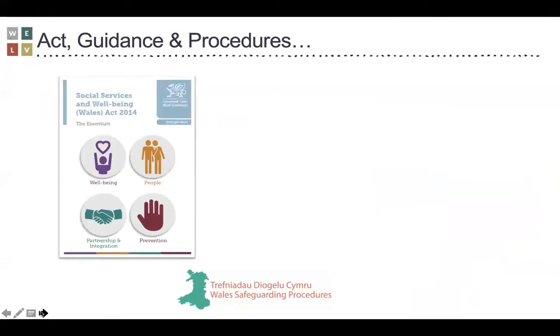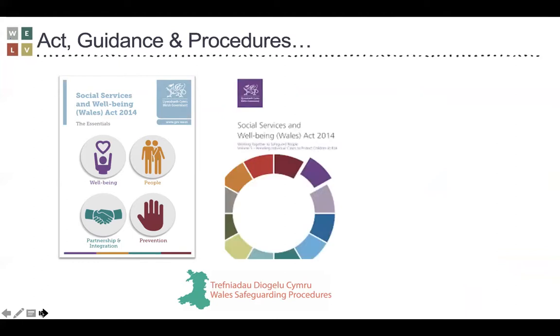The procedures are being introduced and implemented under the Social Services and Wellbeing Wales Act of 2014 that we saw come into practice in 2016. Following on from the Act was some supporting guidance referred to as Working Together to Safeguard People, Volume 5, Handling Individual Cases to Protect Children at Risk.